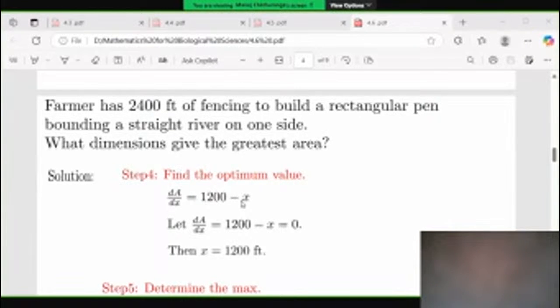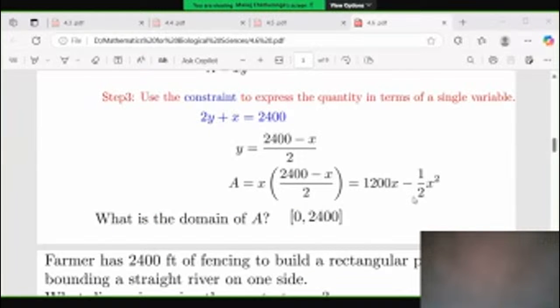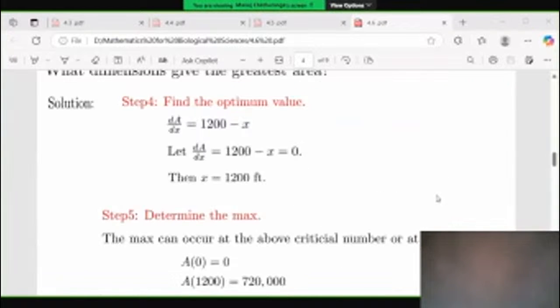When you differentiate, it's a very simple derivative. Derivative of 1,200x is 1,200, minus the derivative of half x squared, which is half times 2x, just x. So the derivative is 0 if x is 1,200.